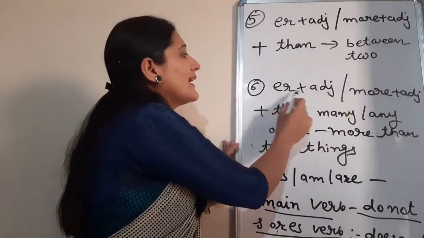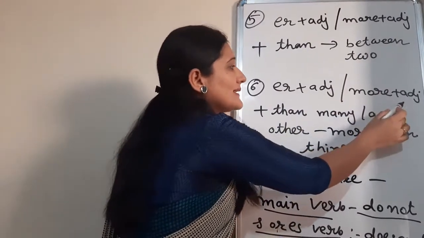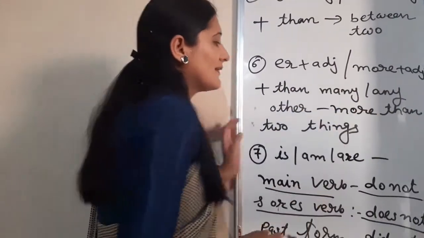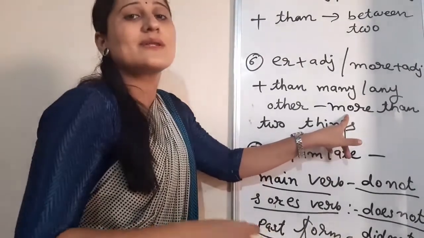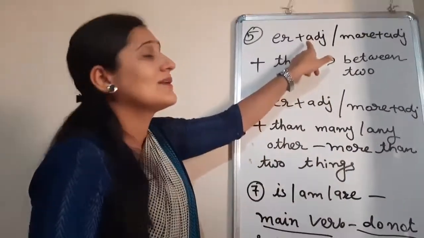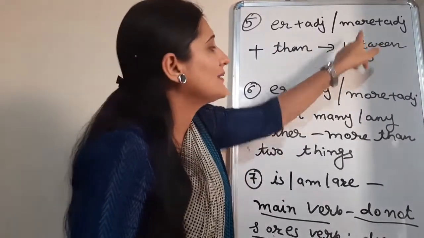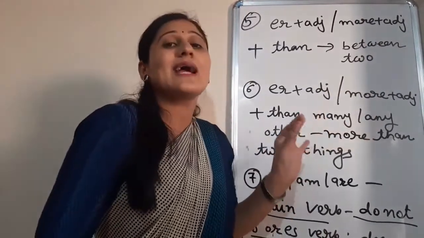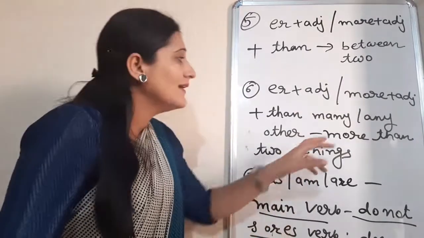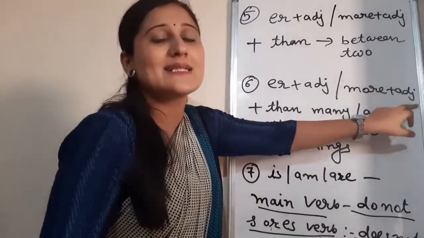Same way, er plus adjective or more plus adjective, then many other if comparison between more than two things. And this for small adjective, and this more plus adjective if the adjective is big, right?